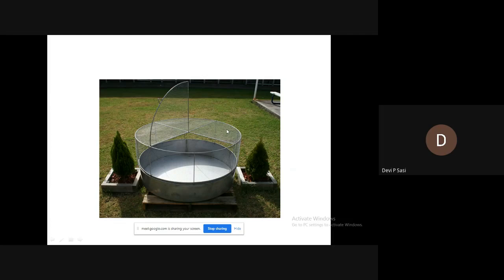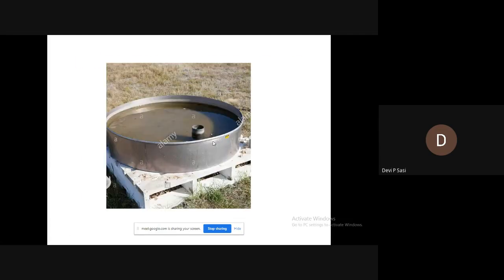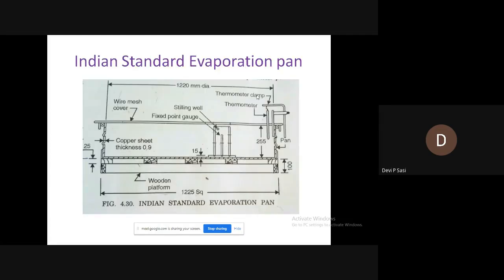It is given in order to protect from birds and also to maintain a uniform temperature both at day and night. The evaporation pan has a diameter of 1.2 meters and a depth of 0.25 meters, with a copper sheet of thickness 0.9 mm.